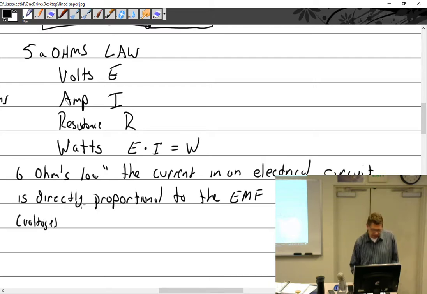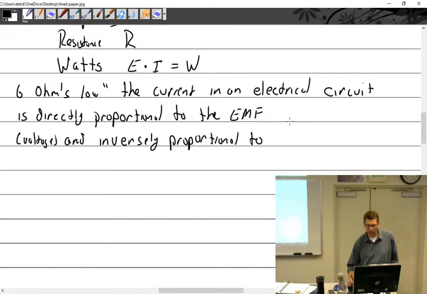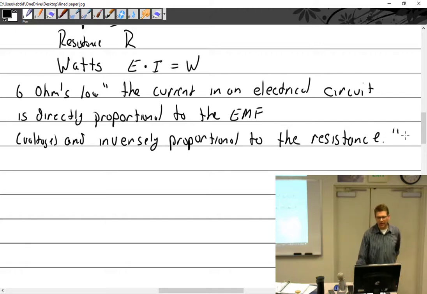I'll tell you that. And inversely proportional to the resistance, period. So Ohm's law says the current in an electrical circuit is directly proportional to the EMF, which is voltage, and inversely proportional to the resistance.